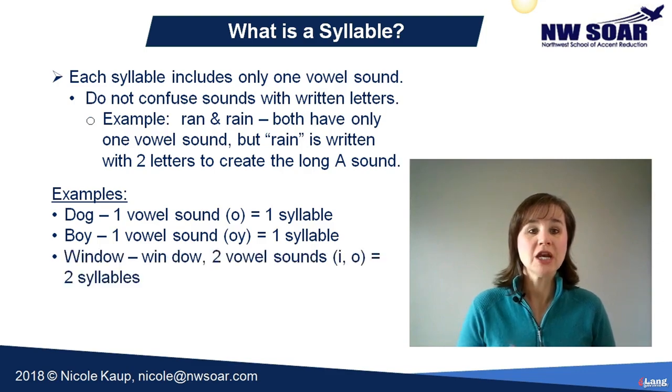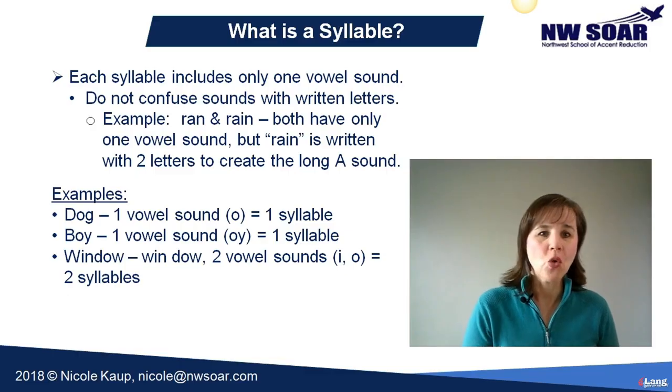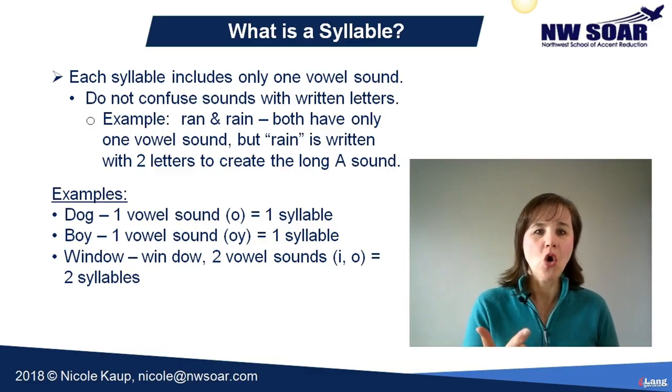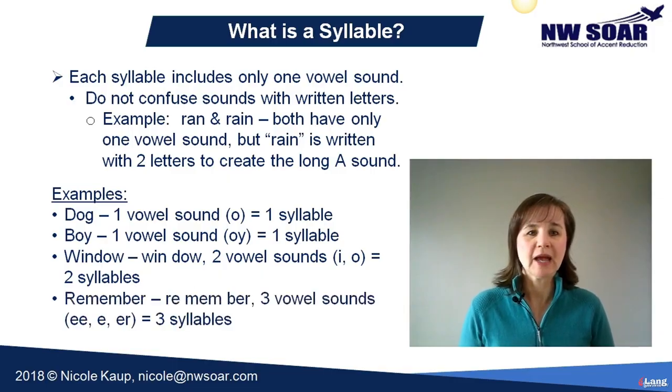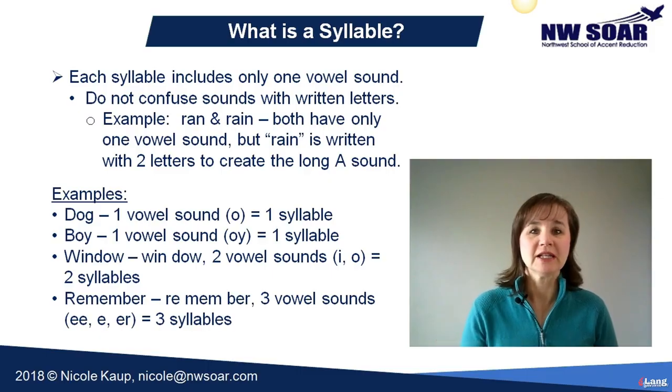The word window has two vowel sounds and makes two separate syllables. Win, do. You hear I, o, so two syllables. One more example, the word remember. Remember has three vowel sounds, therefore three syllables.